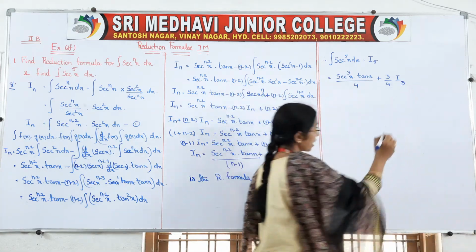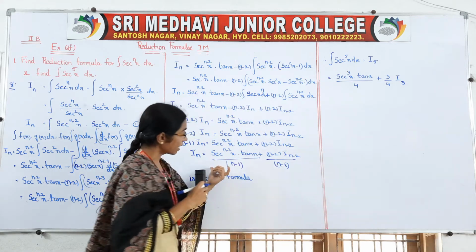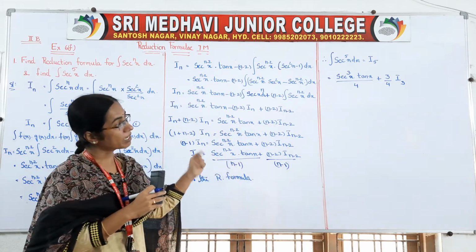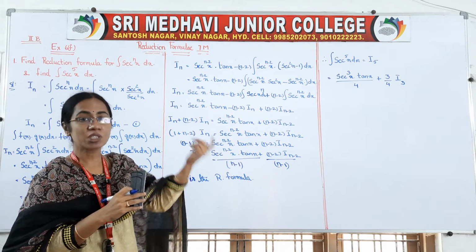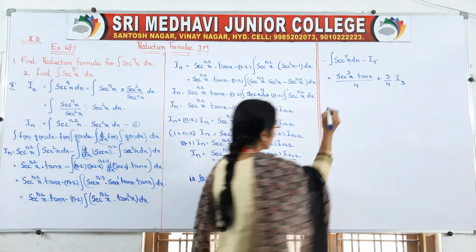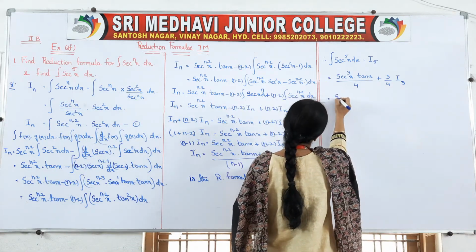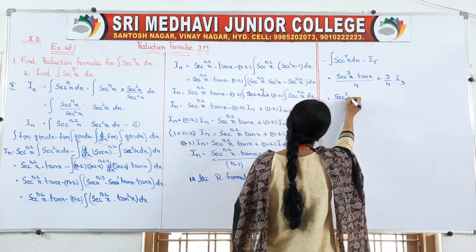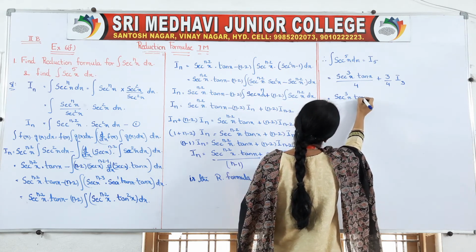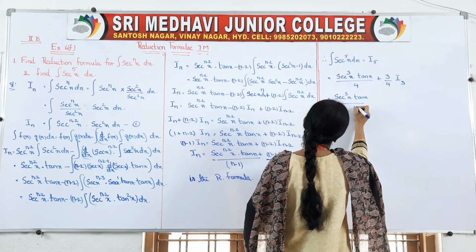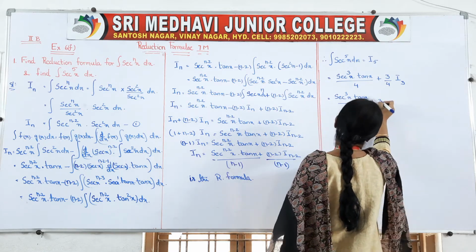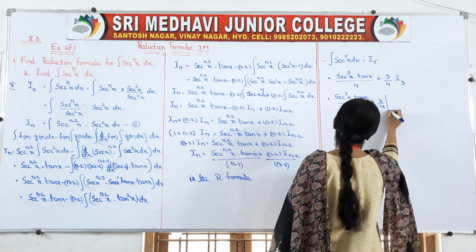So now we got I3. In the same formula, wherever n is there, now we have to substitute 3. So I5 is equal to secant cube x into tan x by 4 plus 3 by 4 I3.